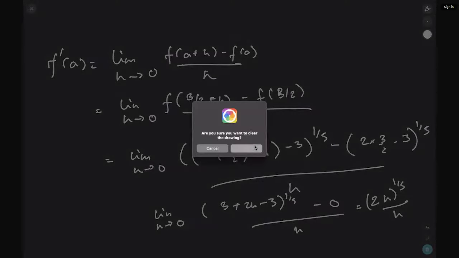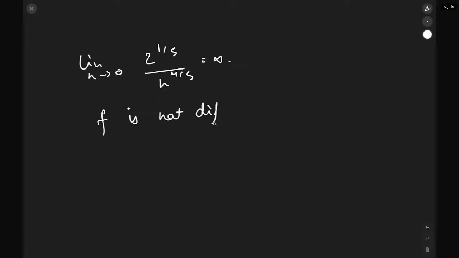So limit h tends to 0, 2 raised to 1 by 5 upon h raised to the power of 4 by 5 is infinity. Thus, f is not differentiable at x is equal to 3 by 2.